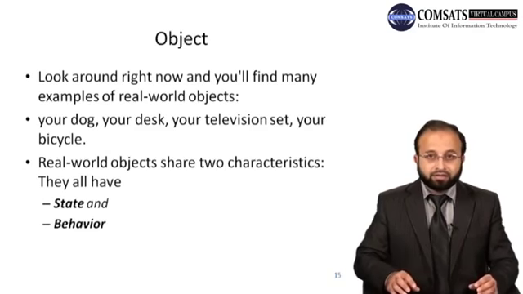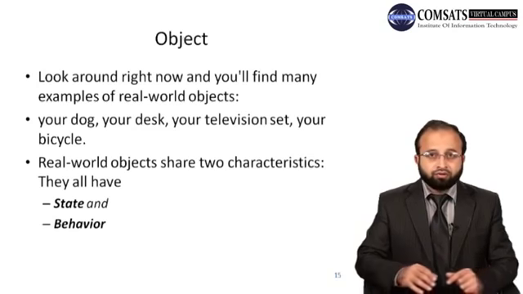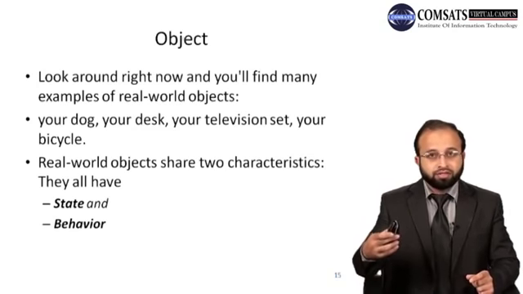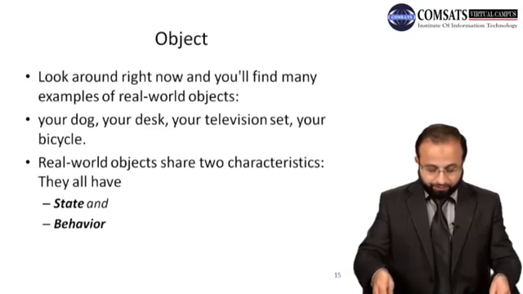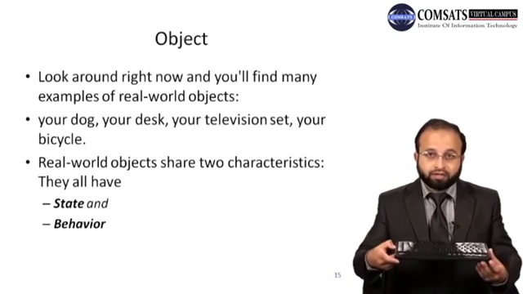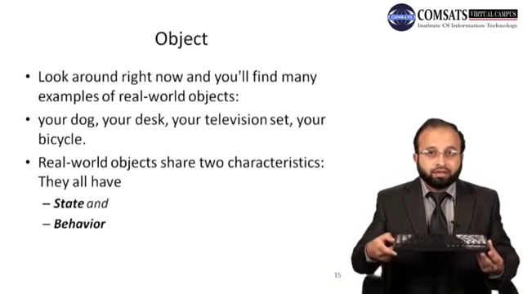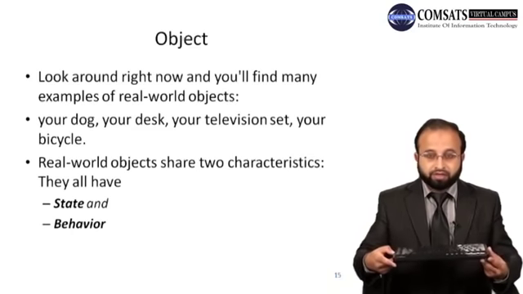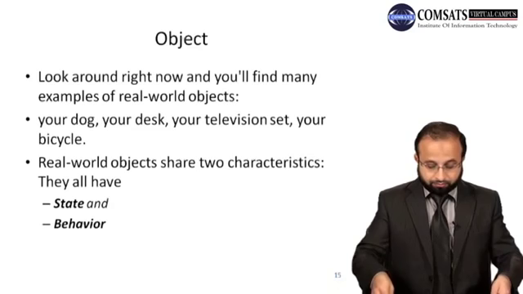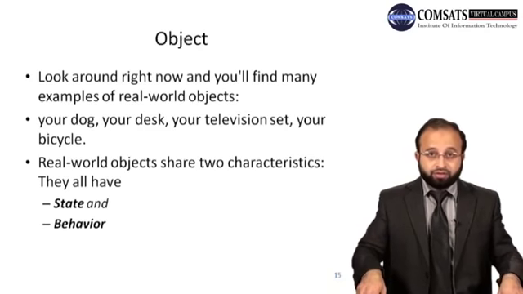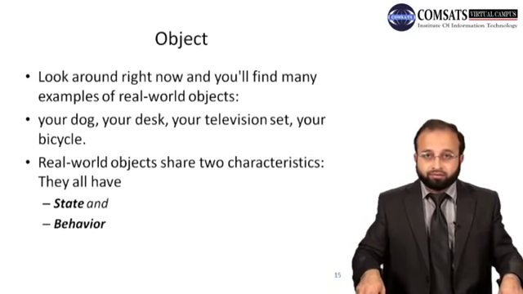So every object that exists in the real world, now everything in your room you can find that is an object. For example, this mouse is an object. The keyboard here, this keyboard is also an object. We will see it is an object of which class, but this is an object, right? The chair on which I am sitting right now, it's also an object, right?